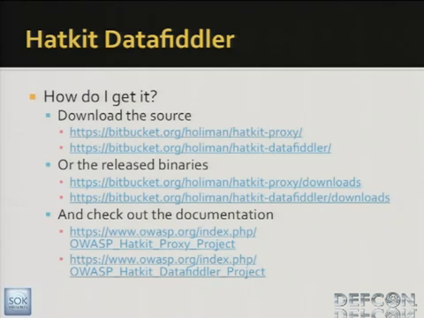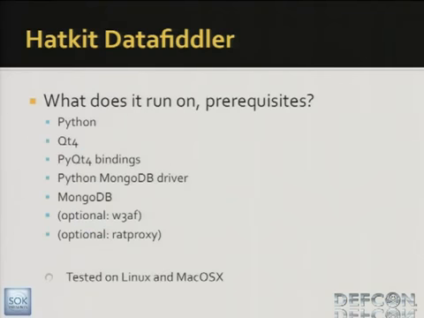Unfortunately, during the summer there's been a lot of development, and everything hasn't been documented on OWASP yet. In order to get it running, you need Python, Qt, Qt4 bindings, and a MongoDB driver, and of course access to a MongoDB instance with pre-recorded data.